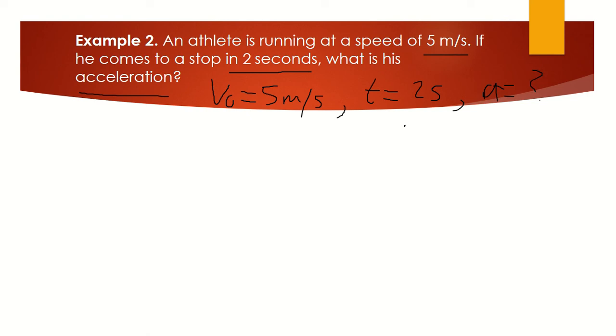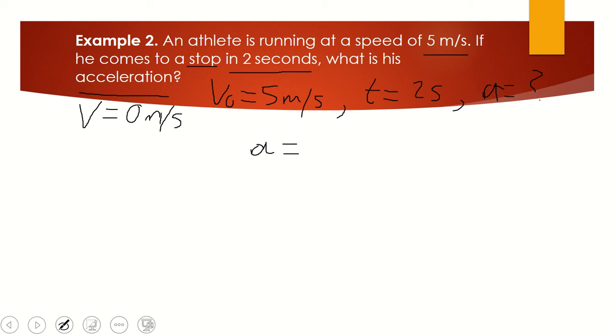What are we missing? If he comes to a stop, so if something's come to a stop, what's the final velocity going to be? It's going to be 0. So we're not explicitly given that in the question, but we can very easily work that out if we read it properly. So again, the same formula.